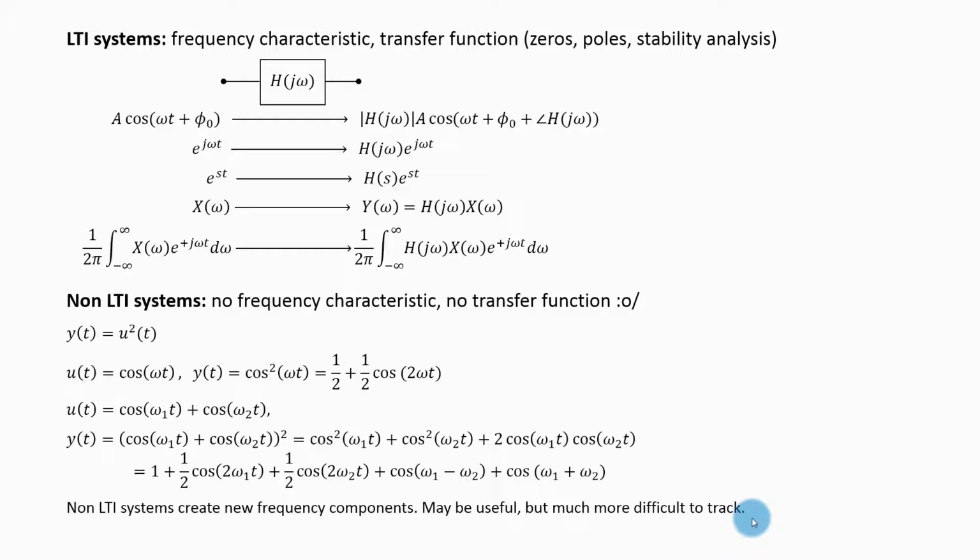Well, we have two options. We either learn to live with the nonlinearity and sometimes even use it to our advantage, or, and that is what this lecture is about, sometimes we can try to approximate a nonlinear system with an LTI system, which would allow us to at least approximately apply all the theory we have learned so far.